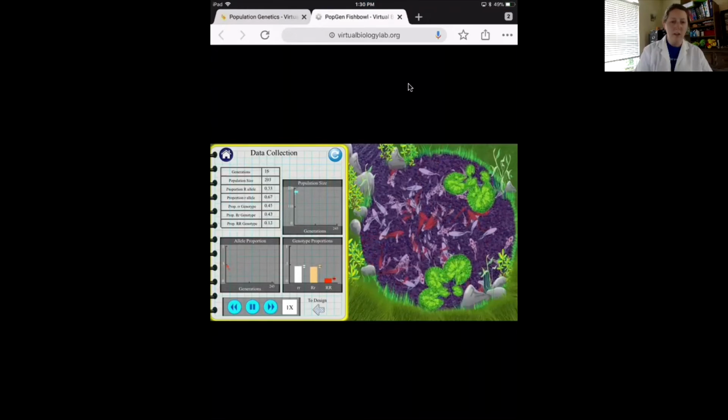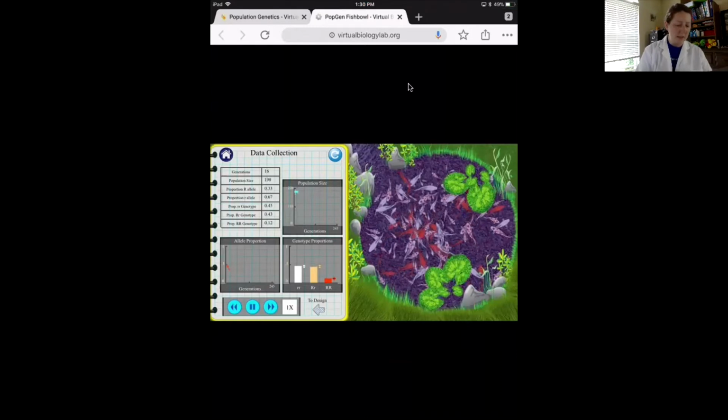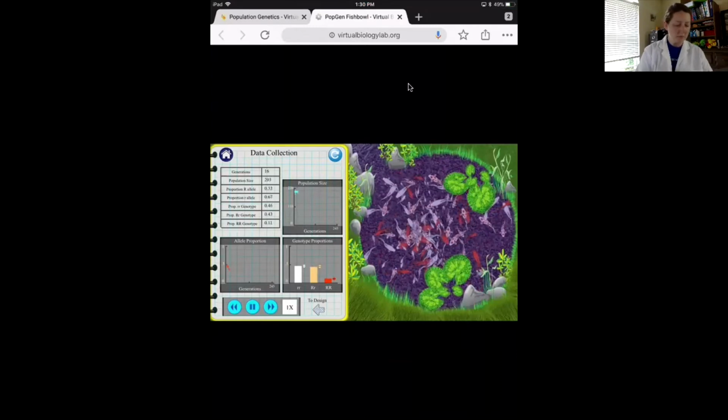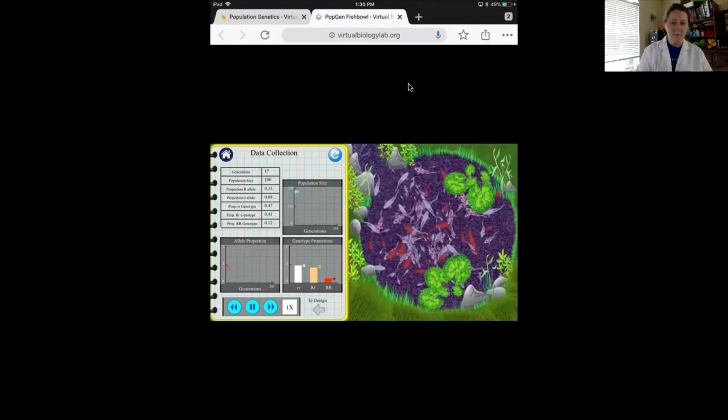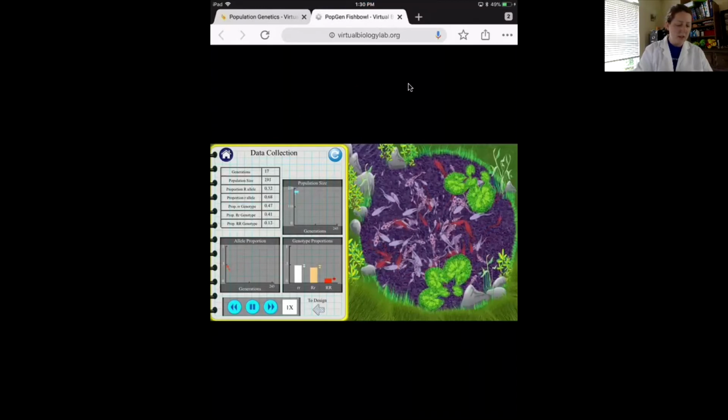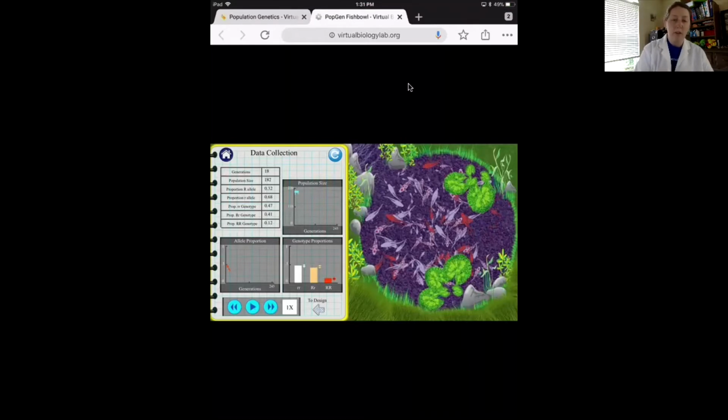And our little r is definitely climbing there. So that should give you a pretty good idea of what is happening whenever I am selecting against one of the alleles.